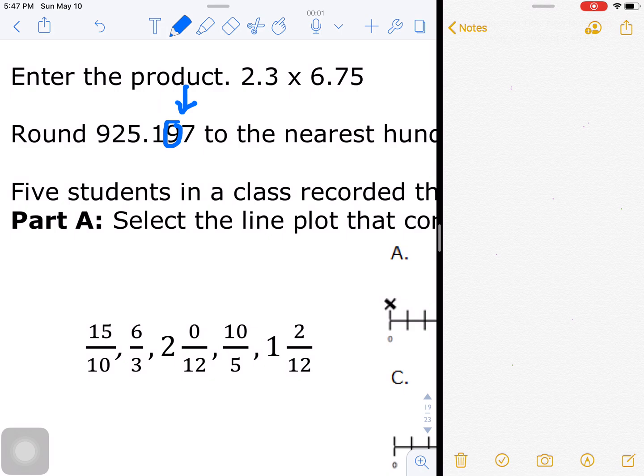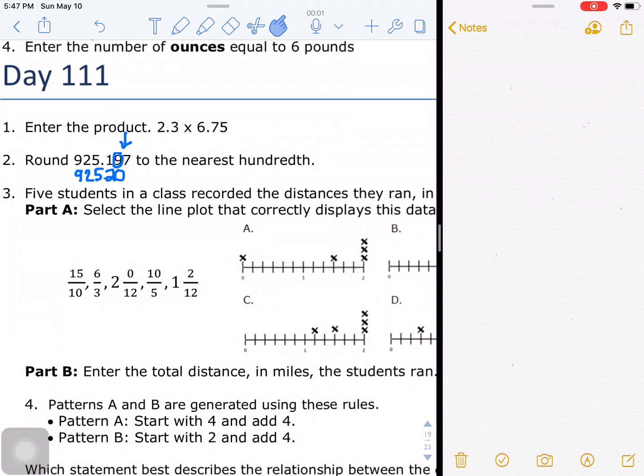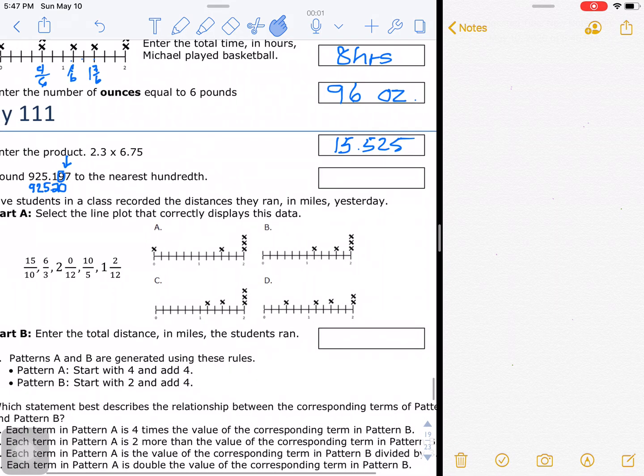So we would round this to 925 and 20 hundredths. Okay, so in this one we don't just raise the hundredths one, but we have to go into the and carry that over into the tenths.